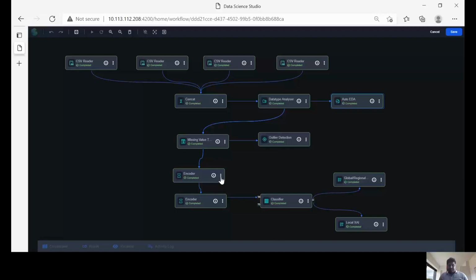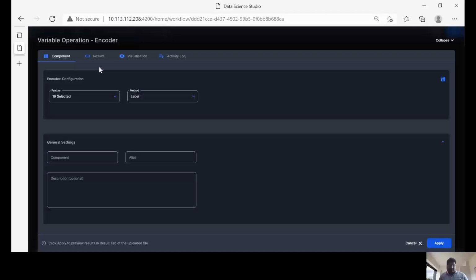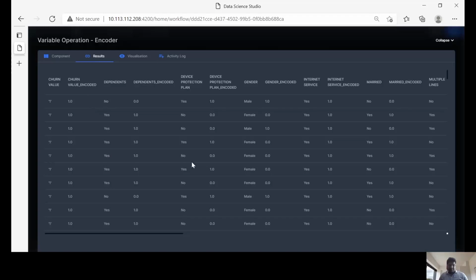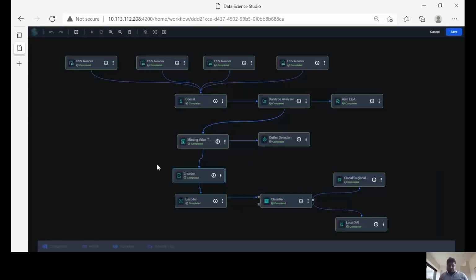We also have certain variables which are in text format, so we have used these encoders to transform those text variables into numeric. This is a very handy operator. It helps you save a lot of work if you have more such variables in your data set.